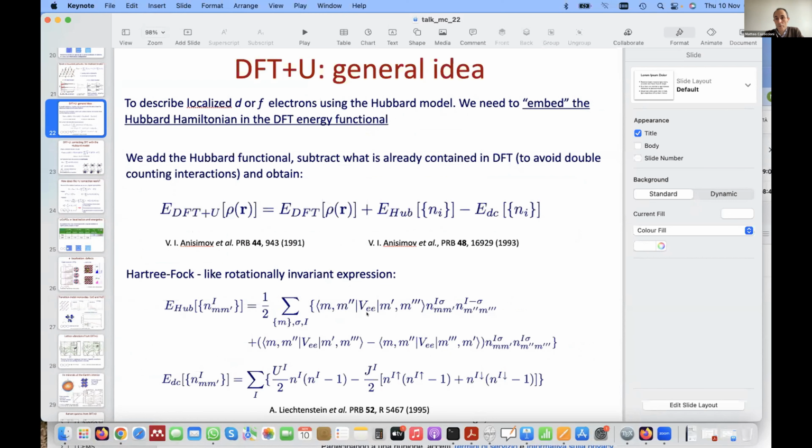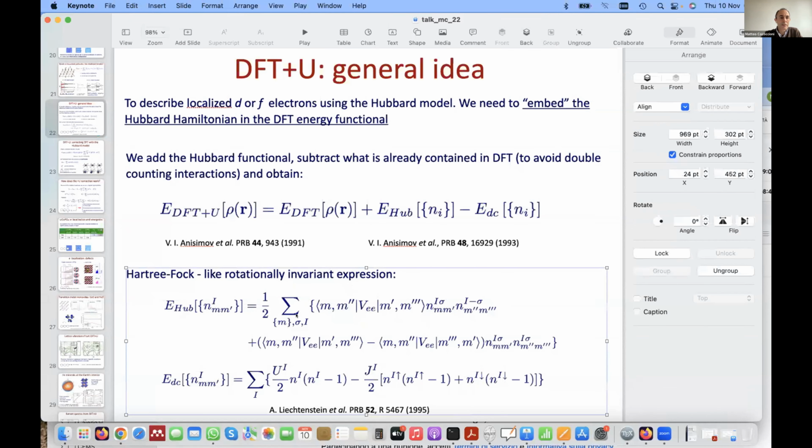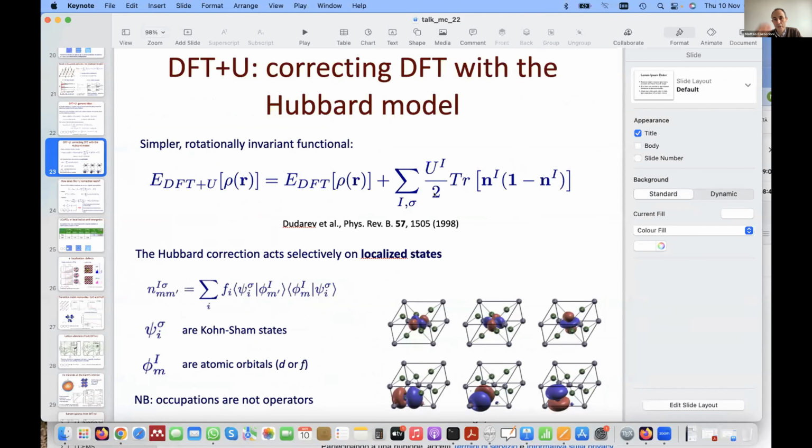Now we need them to be screened. Okay, we need the effective interactions. So what typically people do is to extract somehow their average U and J or V or whatever from some DFT calculations, and then use a relation between these objects here and their atomic average, in order to extract back these properties.